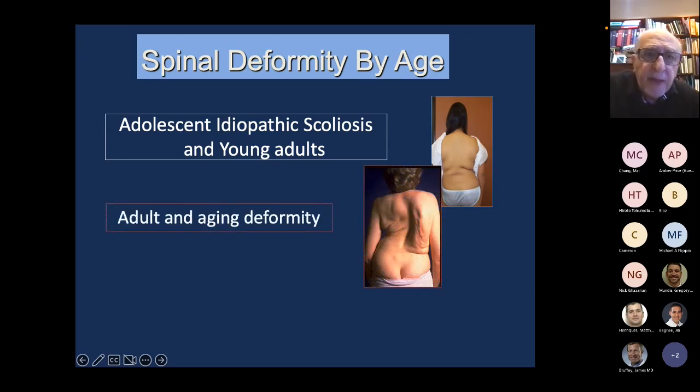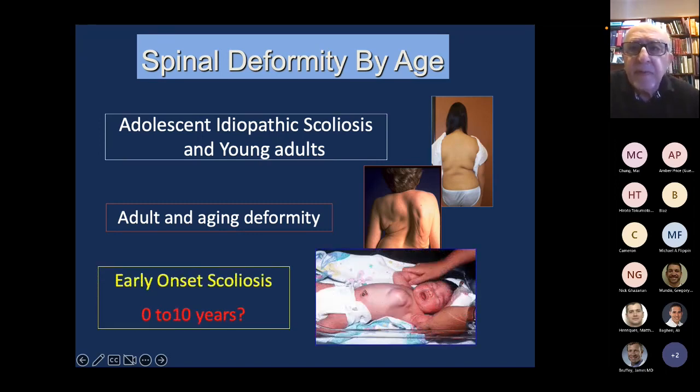The adult and aging spine sort of added to it in the late 70s and gradually got more popular, to the point where if you look at the SRS program, there's a lot of adult deformity in the program. Early onset scoliosis was basically a stepchild and really didn't have any attention for years until more recently.